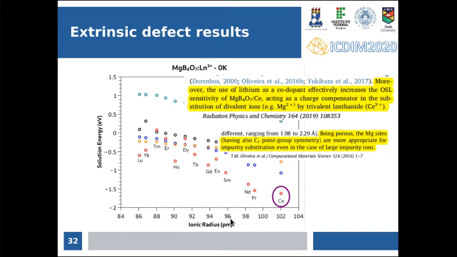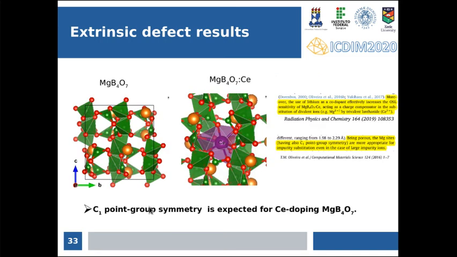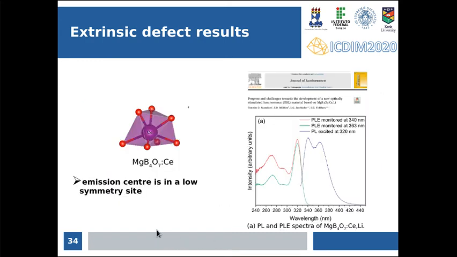Looking at structures after minimization, you can see the cerium ion complexed between two boron chairs in the polyhedron with a C1 point group symmetry. This can explain the useful broadband observed in photoluminescence emission described in this paper.